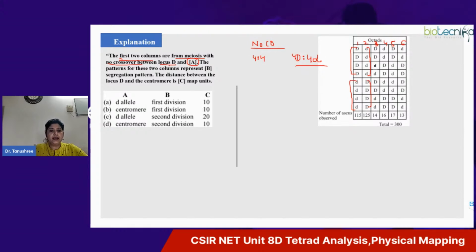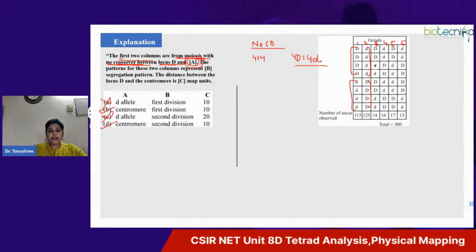And you also have to find out that when there is no crossover, so R from meiosis with no crossover between locus D and, so always we consider the crossing over with respect to centromere, right? So that means either B could be right or D could be right. Answer cannot be A, answer cannot be C, right?